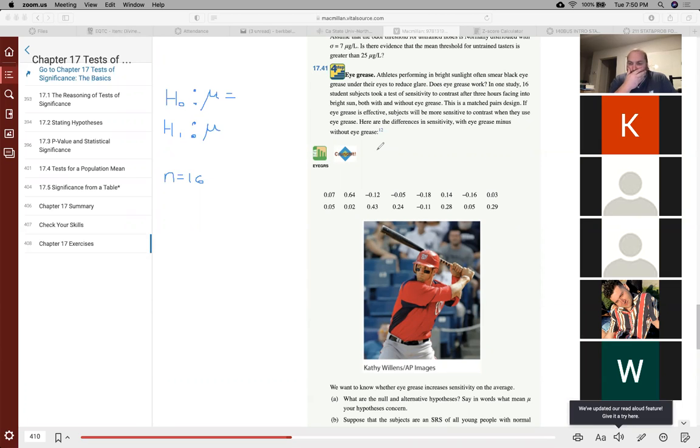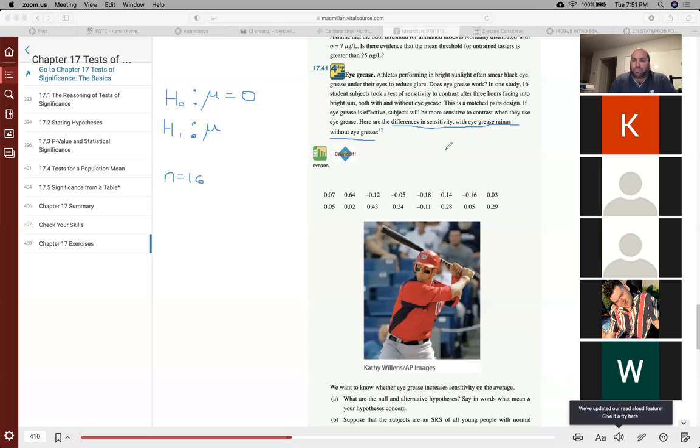Does iGrease work? We're testing whether or not there is a difference with iGrease minus without iGrease. If there's no difference, then what should this be equal to? 0. The null hypothesis is that it's 0.